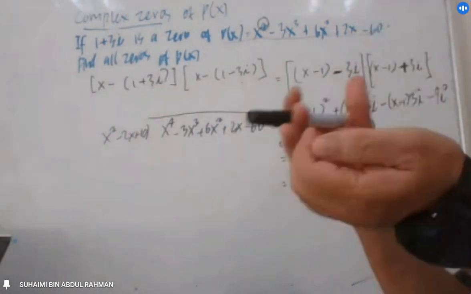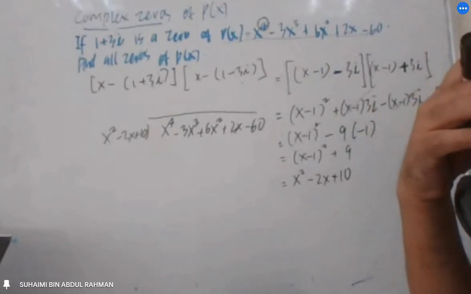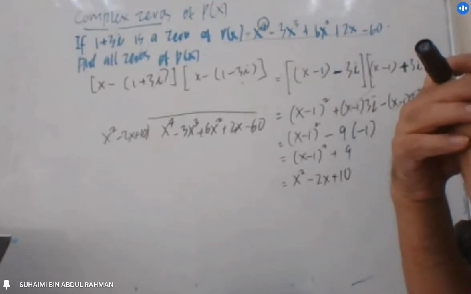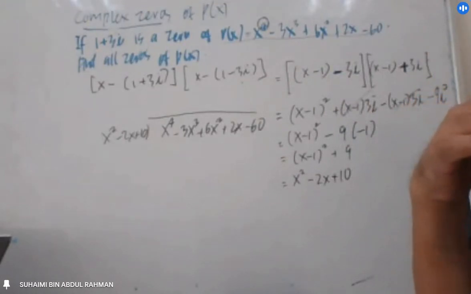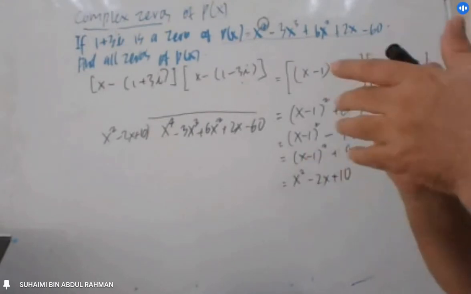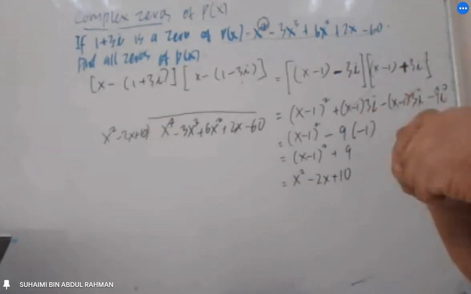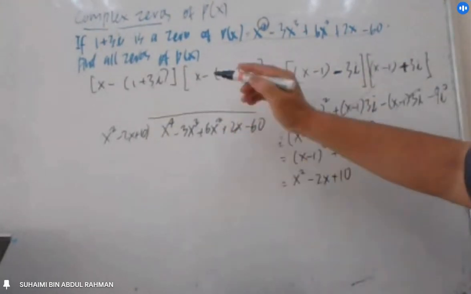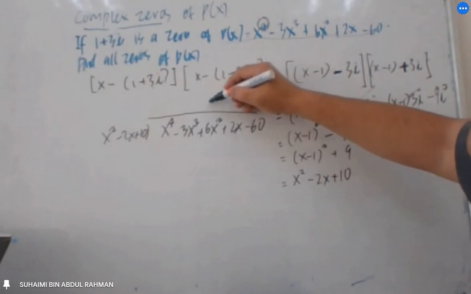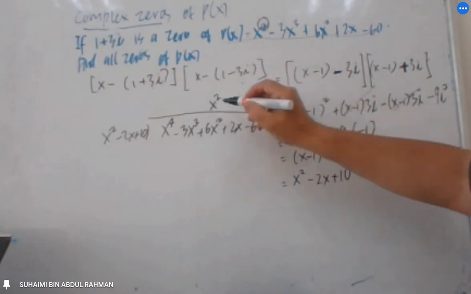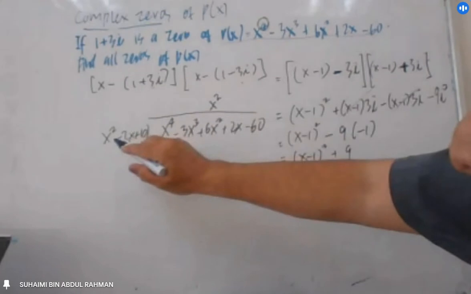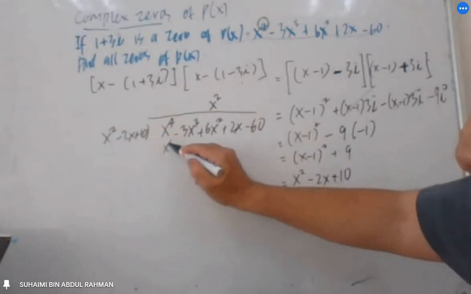X to the power of 4 divided by x to the power of 2. So we have x power of 2 and we have x power of 2, we write it here. X power of 2 times x power of 2 is x power of 4.